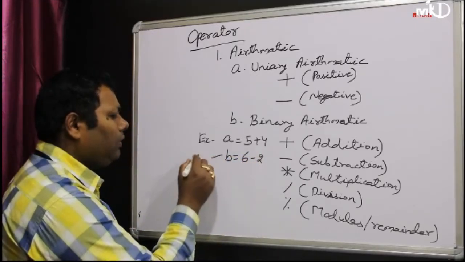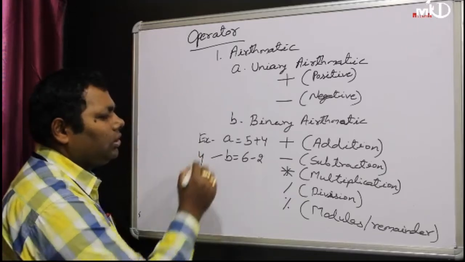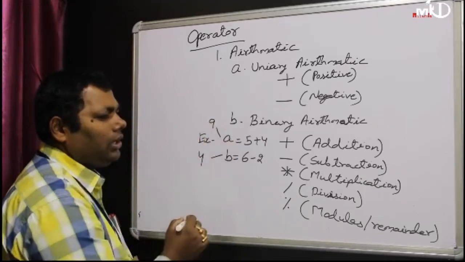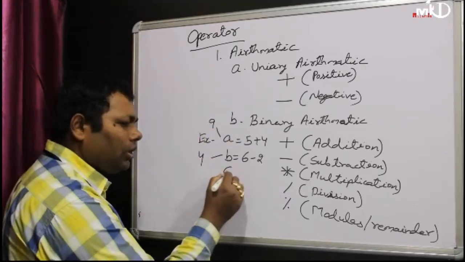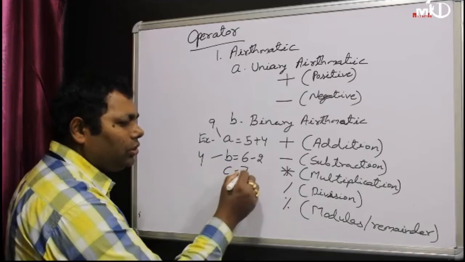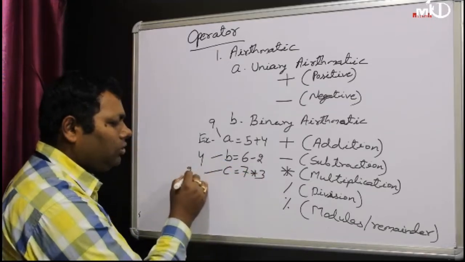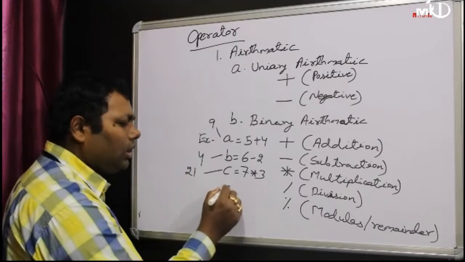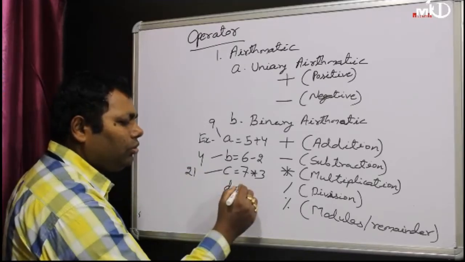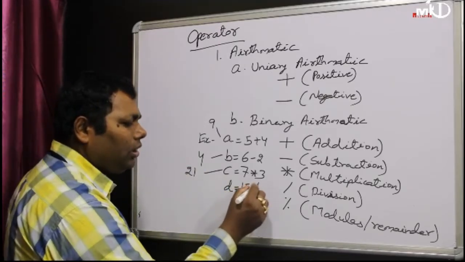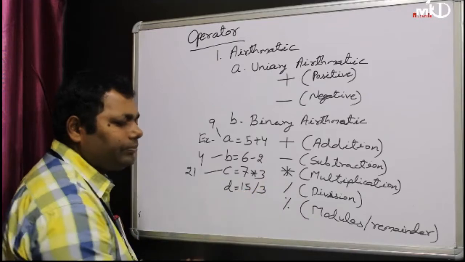So here B value equal to 4, and A value is 9. Another example, C equal to 7 multiplied by 3. Now the C value is 21. Another example, D equal to 15 divided by 3.